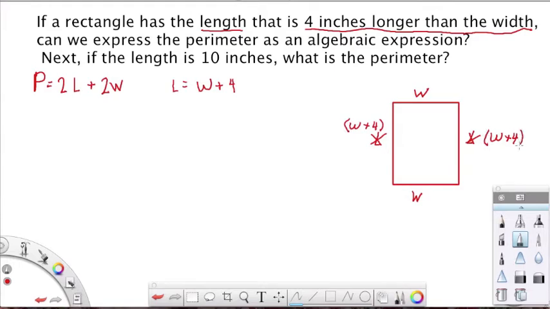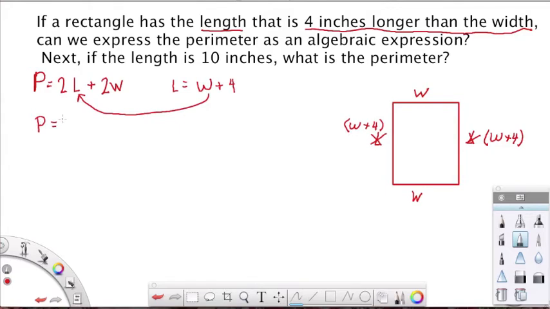Whatever the width is here, the length is 4 inches longer. Now how's that going to help us write a new algebraic expression for perimeter? Well, we need to use substitution. We're going to replace L with our value of L, which is W plus 4. So we're going to take this and plug it in, or replace L. So we're going to rewrite this expression.